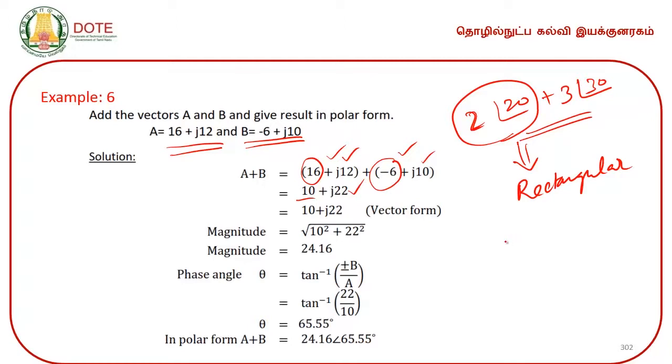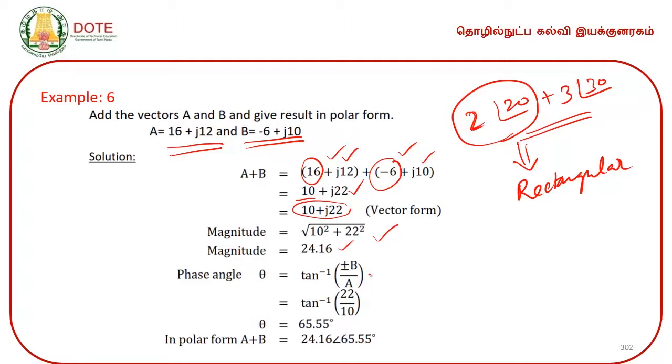Suppose you want to convert the result to equivalent polar, how? We have already done this. We need to calculate the magnitude first, which is equal to square root of a square plus b square, which is nothing but 10 square plus 22 square. You have a magnitude of 24.16.